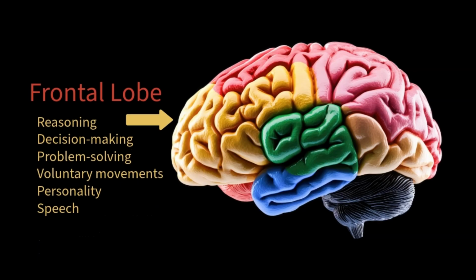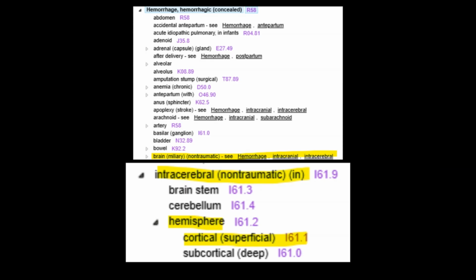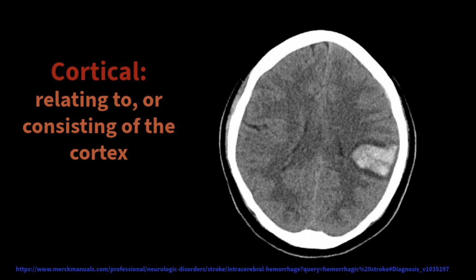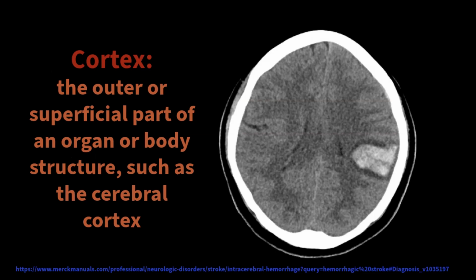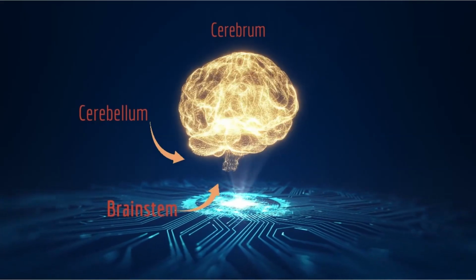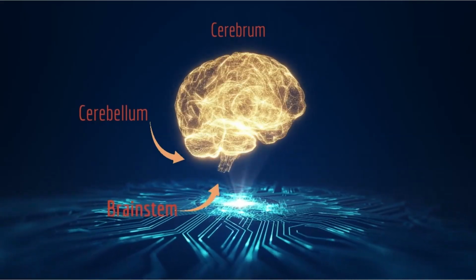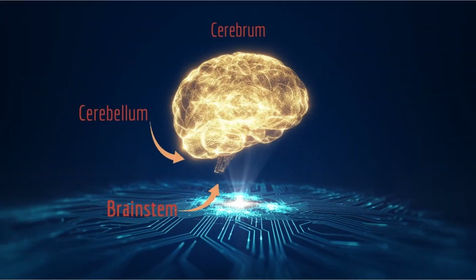So let's take a quick look at the structure of the brain. The word cortical is an adjective for the word cortex. The word cortex simply means the outer or superficial part of an organ or body structure, such as the cerebral cortex. As I mentioned earlier in the presentation, the cerebrum makes up the major portion of the brain.